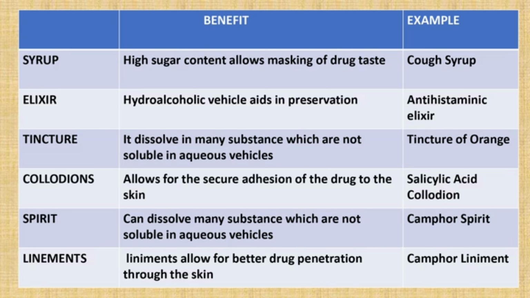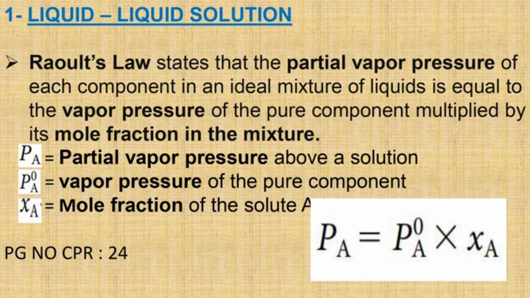Then the next topic we are discussing here, the first solution formula, liquid solution. Mainly Raoult's law comes under this liquid solution. Raoult's law states that the partial vapor pressure of each component in an ideal mixture of liquid is equal to the vapor pressure of the pure component multiplied by its mole fraction in the mixture.